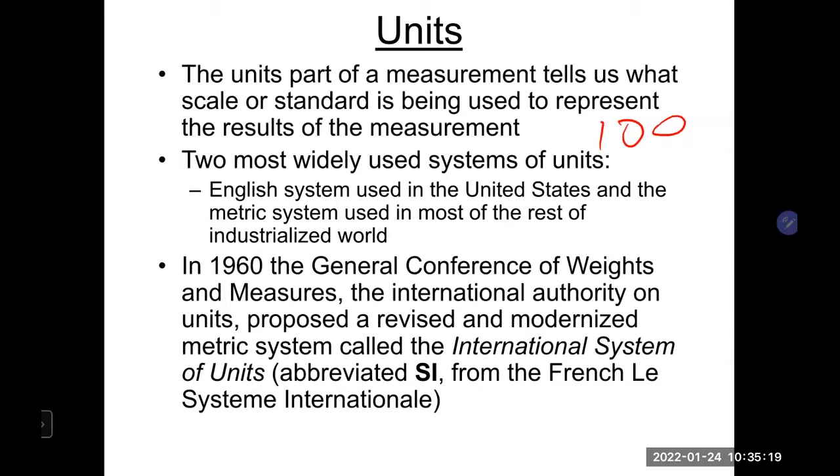Believe it or not, in 1960, they had a conference on weights and measures. Sounds exciting. And they came up with a common set of units used in science, specifically in chemistry as well. Those are referred to as the International System of Units, often just abbreviated the SI units.